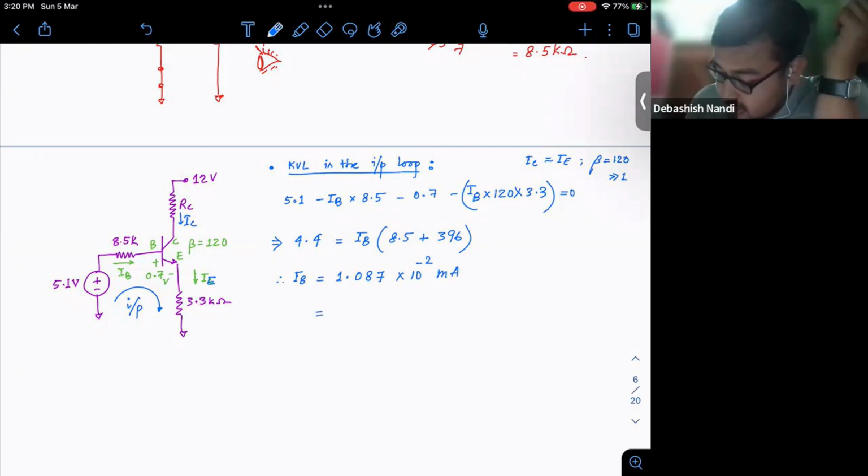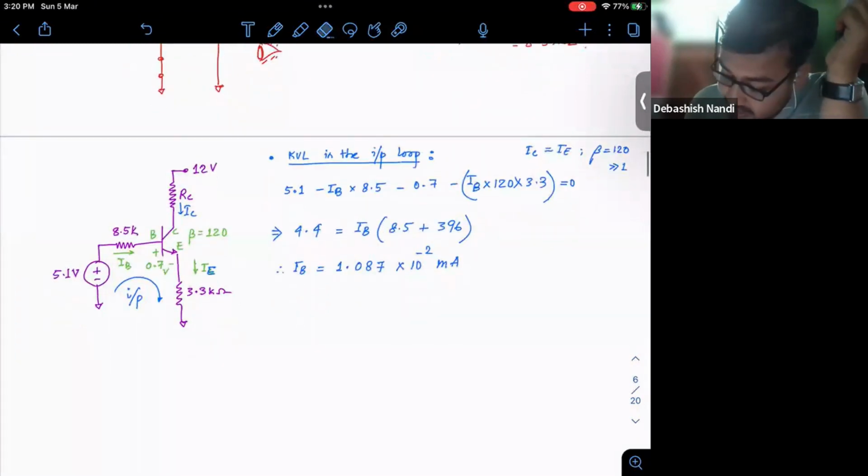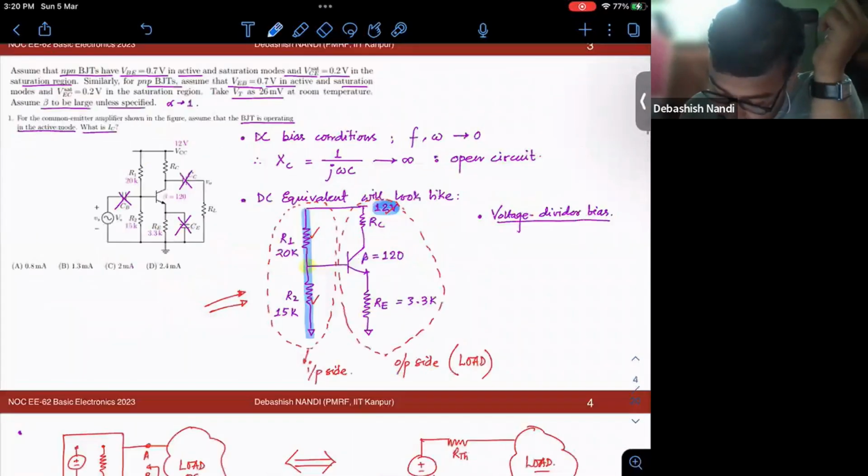So that means this comes out to be, do I have any option? This is IB, right? We needed to find out IC.